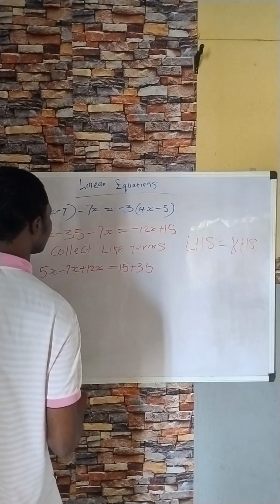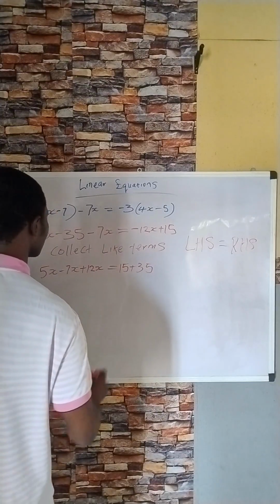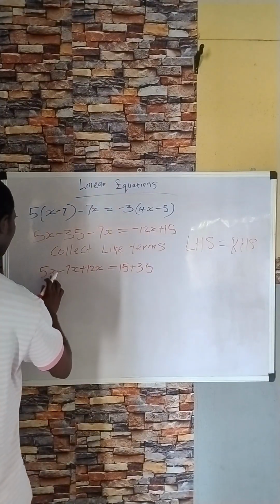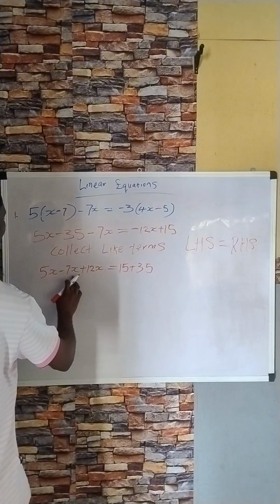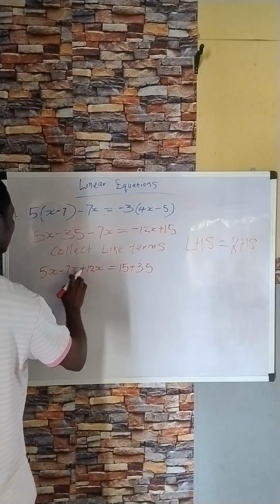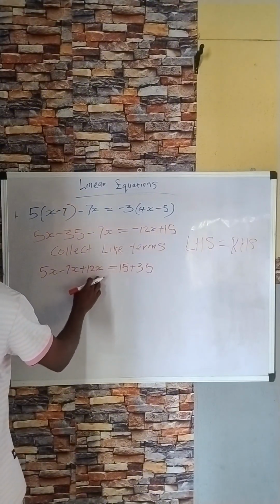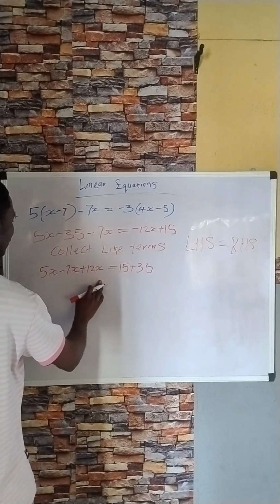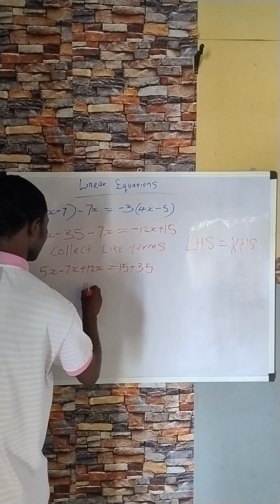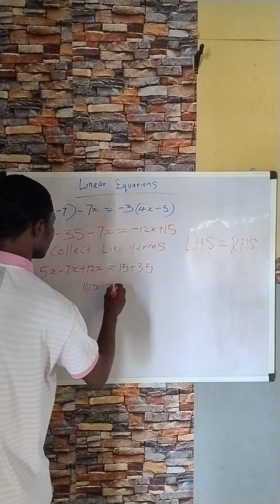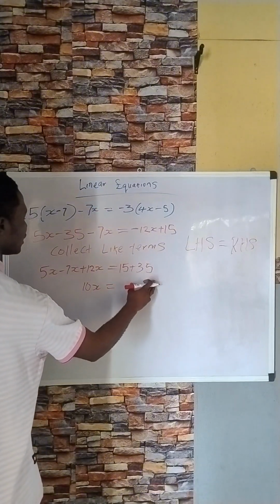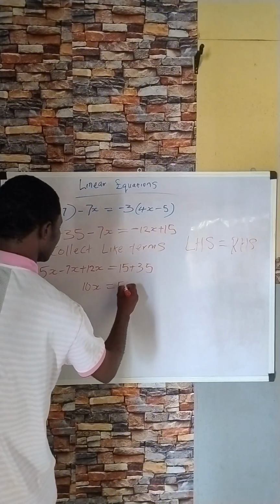So what will this become? So this will now be 5x minus 7x, this is minus 2x, minus 2x plus 12x, this is 10x, equal to 15 plus 35, this is 50.